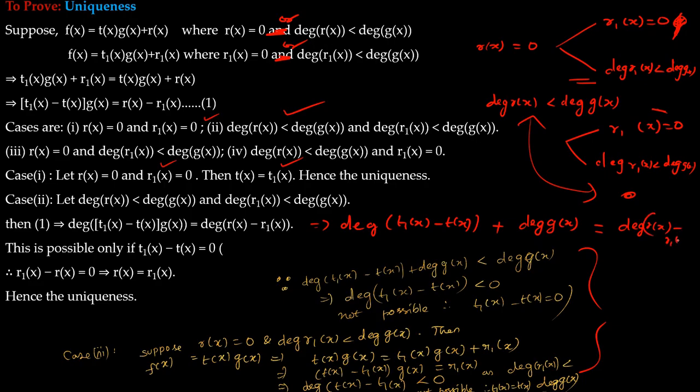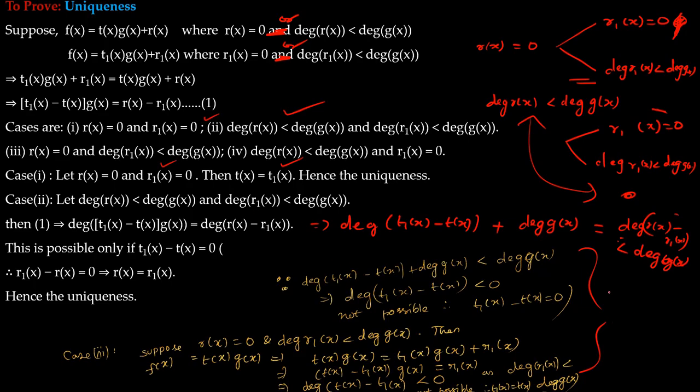minus R1 of x. So here you have both R of x and R1 of x to be of degree less than degree of g of x. So the whole lot should be less than degree of g of x. And here also you have degree of g of x.